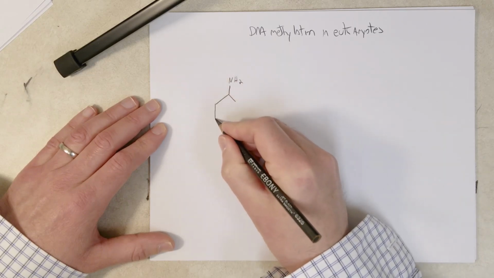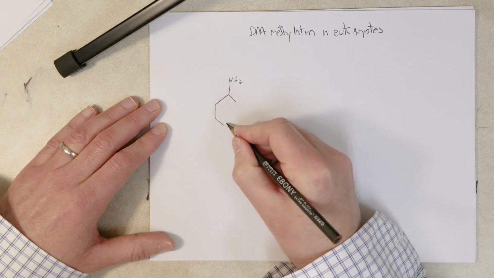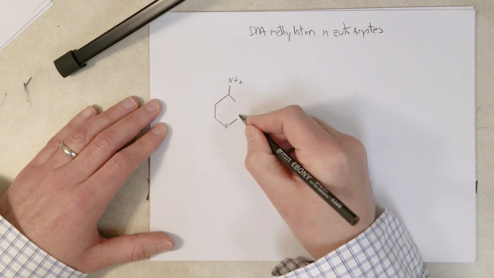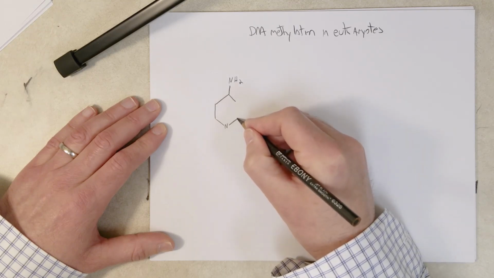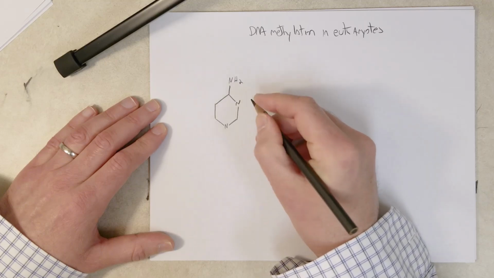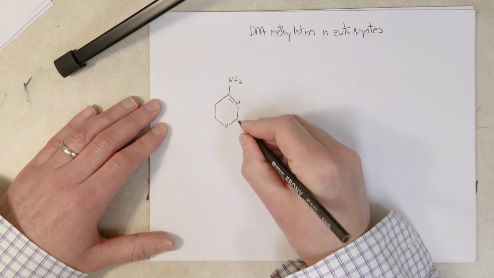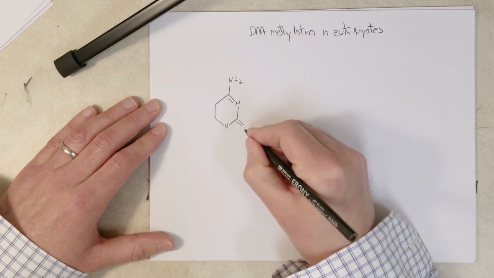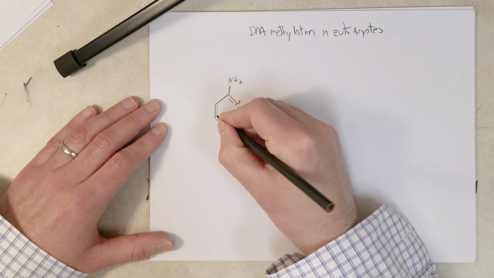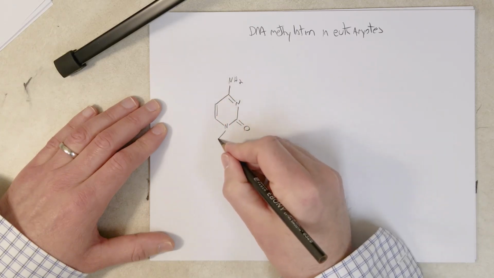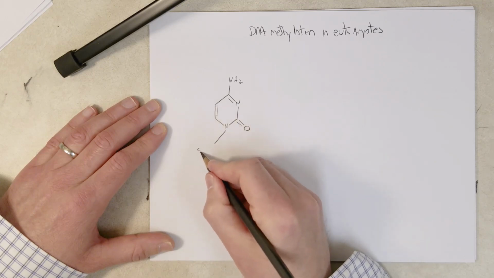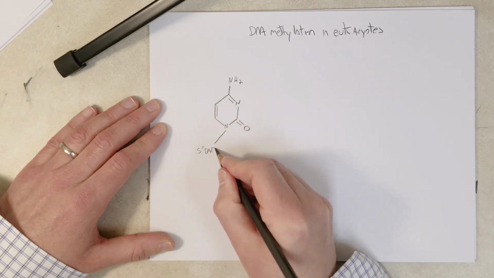I know we don't need to memorize the structures of the different nitrogenous bases in this course, but here is the structure of cytosine, and this is where it connects to the 5-carbon sugar.